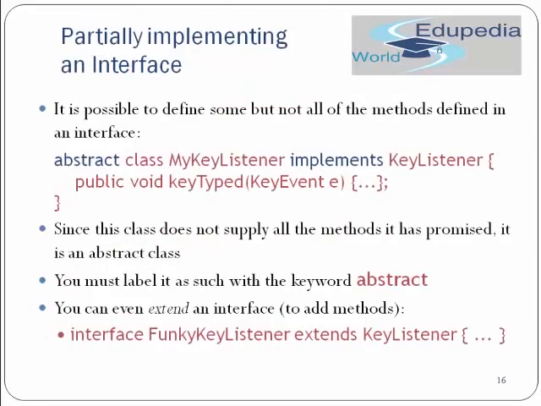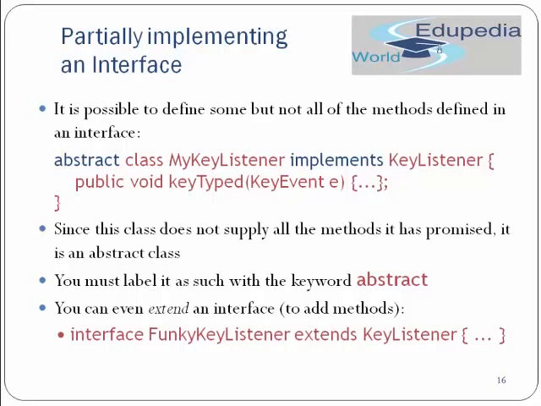Okay, so is it possible to partially implement an interface? Well, let's see. It is possible to define some but not all of the methods defined in an interface. How so? You can see we are creating an abstract class MyKeyListener and it is implementing KeyListener. In case you don't want to implement all the methods of an interface, then you need to make your class abstract, and an abstract class, like a usual class, can implement an interface.